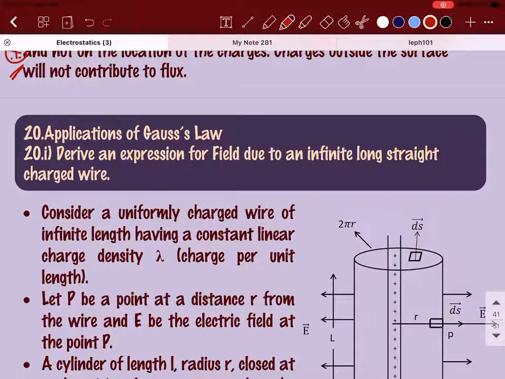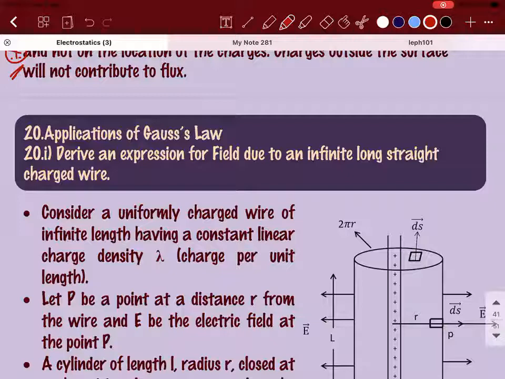The answer is, you can apply it, but it is a tedious process, because suppose you have an extended charge. An extended charge is basically a collection of infinite number of point charges. Think about it. Your pen, for example, is a collection of infinite number of small particles.